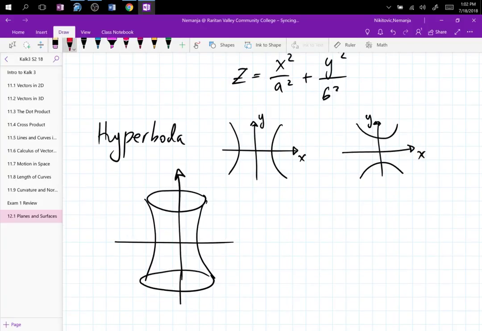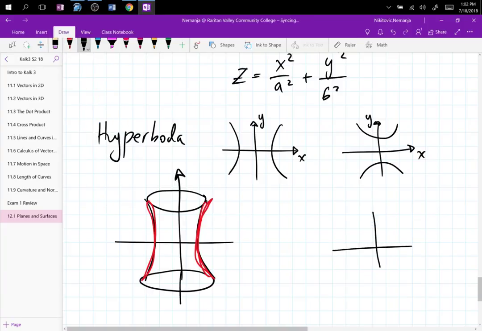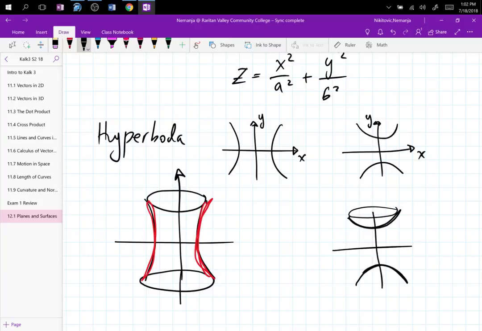What's important is that you have the same hyperbola on the side over here. If you go to the second 2D hyperbola image and you add roundness to it, you create the second shape from the image, which is a hyperboloid of two sheets.